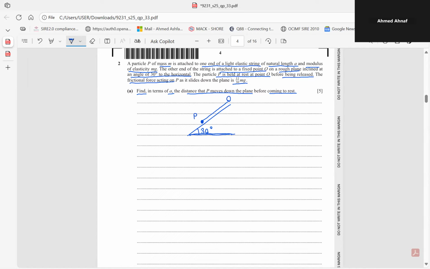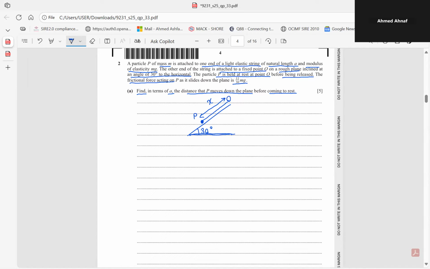For this question, it's best to use the energy method. So we're going to find the energy up here at O and the total energy when it comes to rest down here. So we're going to let the distance traveled be x.